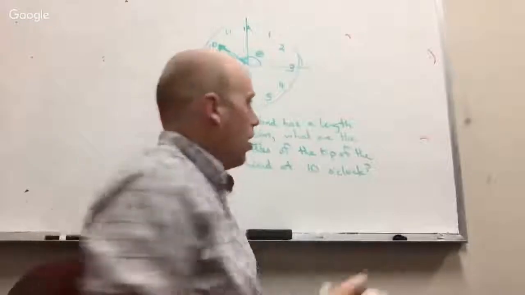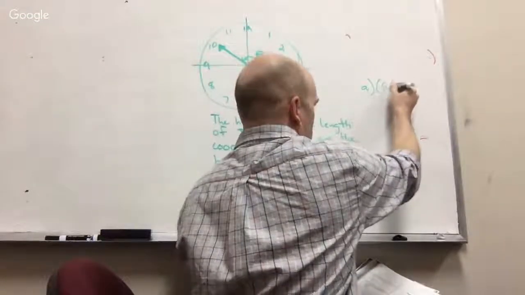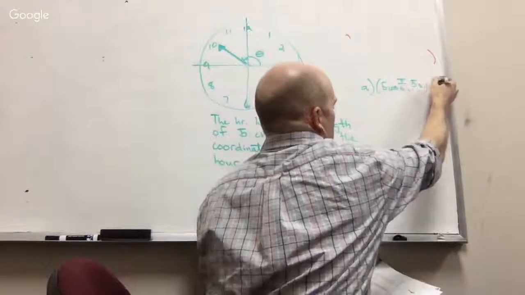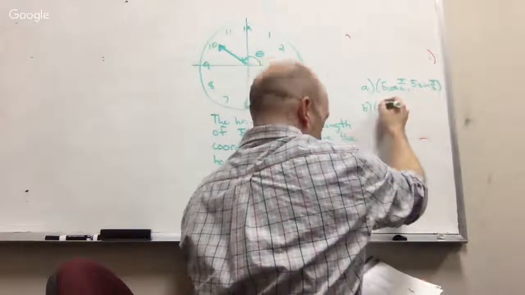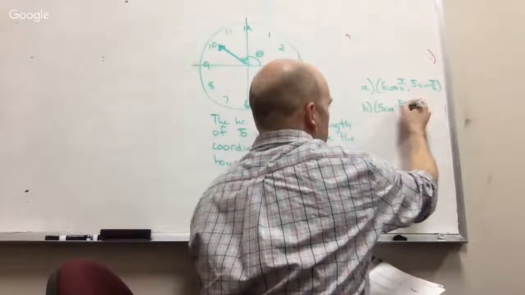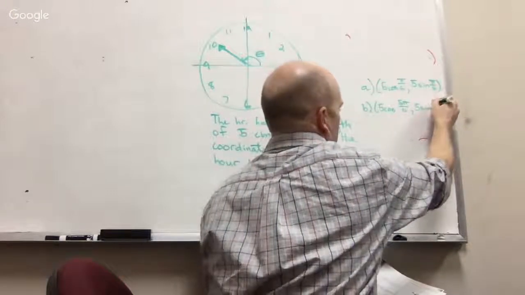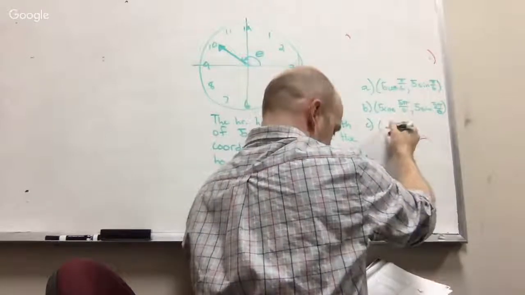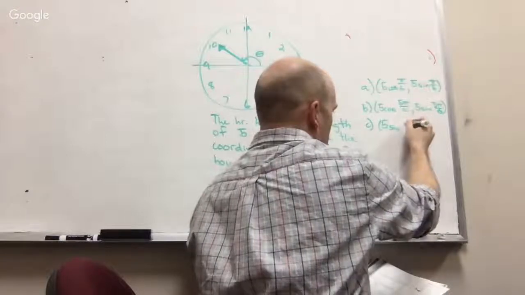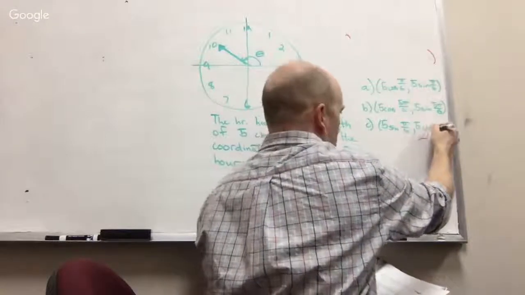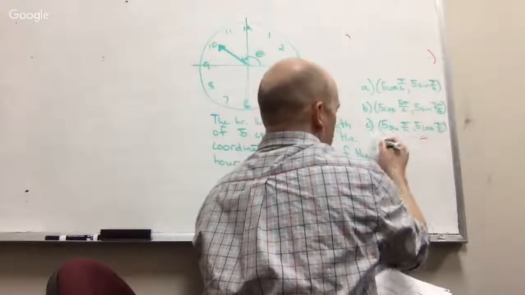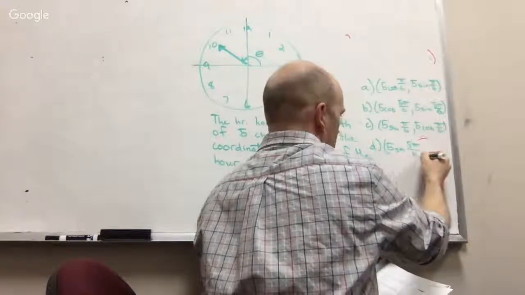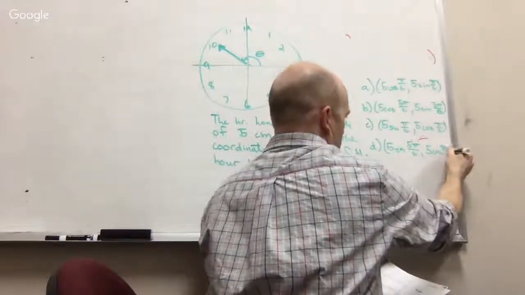The options given are 5 cosine of pi over 6, 5 sine of pi over 6; 5 cosine of 5 pi over 6, 5 sine of 5 pi over 6; 5 sine pi over 6, 5 cosine of pi over 6; and 5 sine of 5 pi over 6, 5 cosine of 5 pi over 6.